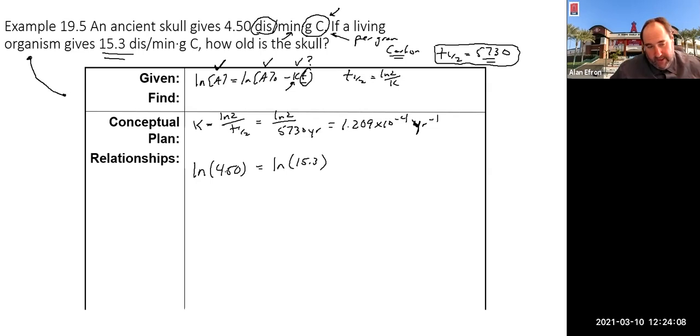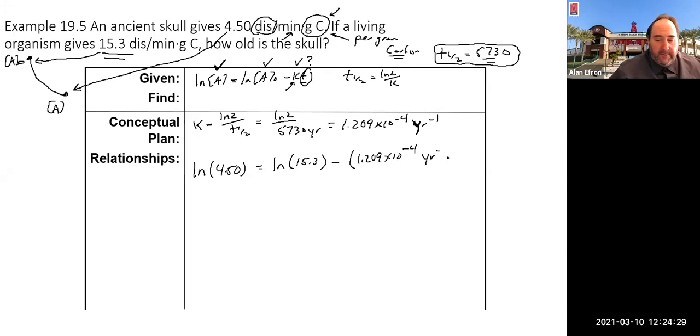So the 15.3 is the larger number where we started, and the 4.5 is the smaller number where we ended on this journey. This is then minus our decay constant, 1.209 times 10 to the minus 4 reciprocal years, times t. We're going to solve for t in this case, so I'm going to clean up the left-hand side and subtract that over to the other side.